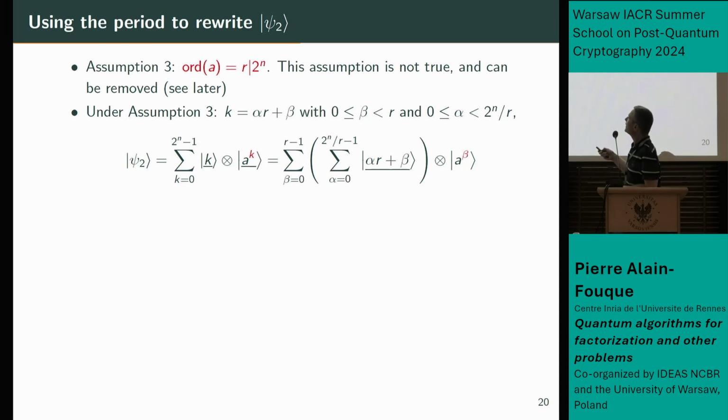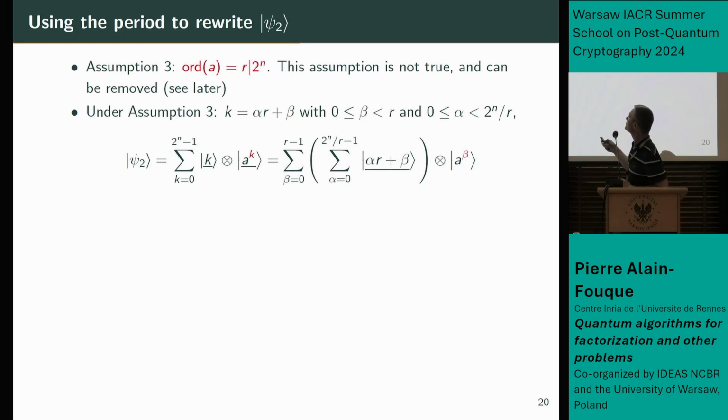And so if I rewrite this state, here the state is from k equals 0 to 2 to the n minus 1. So I have here all the powers of k, and now I will try to compact them according to what will be in the second register. Because we have to understand what is the effect of the partial measurement of the second register, and that's the reason why we try to compact or factorize according to this value.